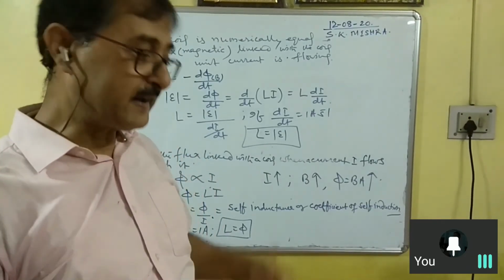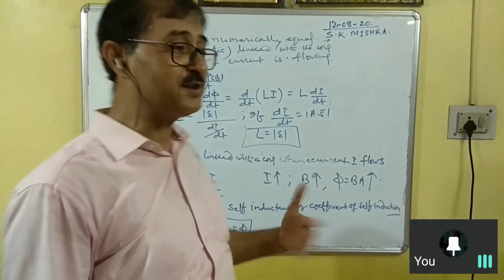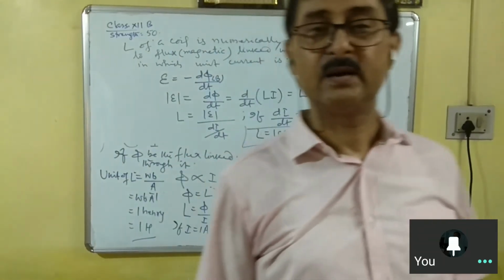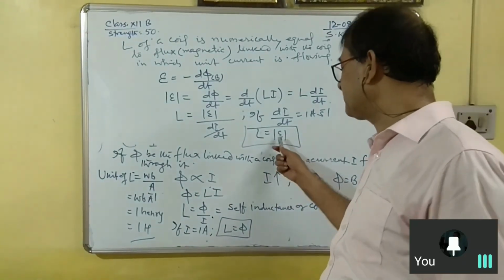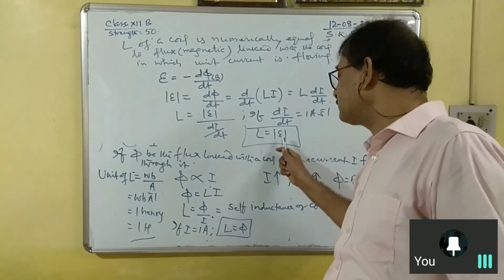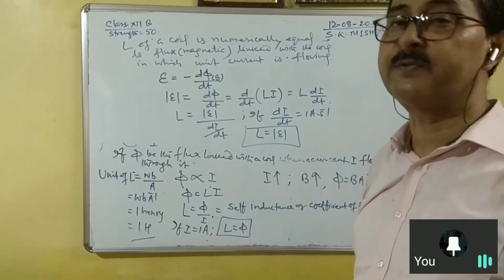So if a current is flowing in the loop such that its variation is 1 ampere per second, then because of change in flux an induced EMF will develop, and that induced EMF is numerically equal to the self-inductance, the coefficient of self-induction.